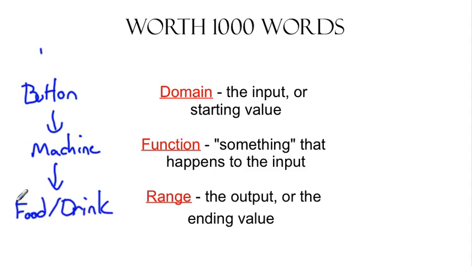And what I want you to do, and this is a part where I want you to actually do this in your notes, is we're going to describe these with different symbols so that we end up with a way of describing all of this in a very compact and easy to understand way. So for our domain, the button, we're going to call that x. So our domain is x. Whatever we want that to be, doesn't matter. Could be a button, could be a number, whatever. That's the input to our function.